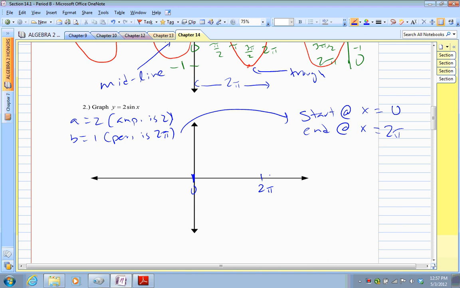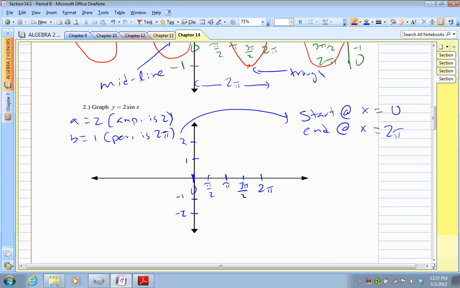And they're called periodic functions for a good reason, because they're repeating themselves. So the middle is pi, then pi over 2, and then 3 pi over 2. And the amplitude is 2.